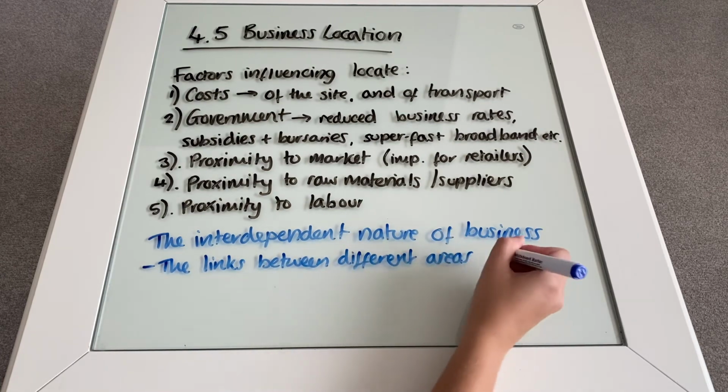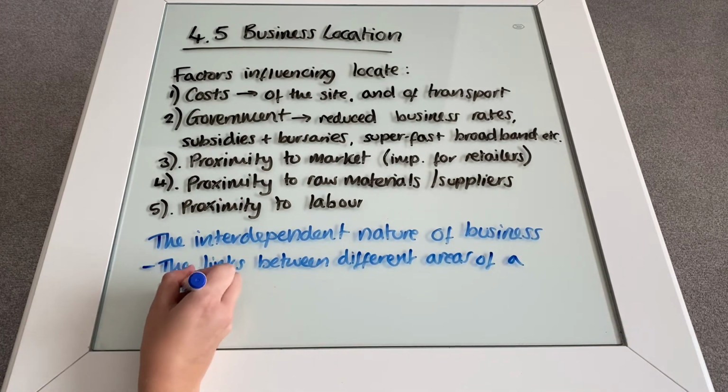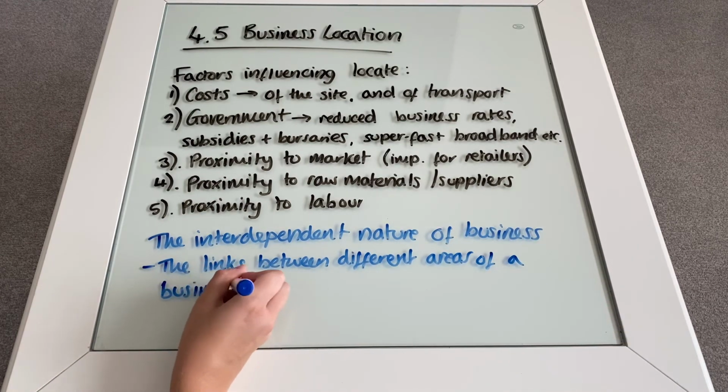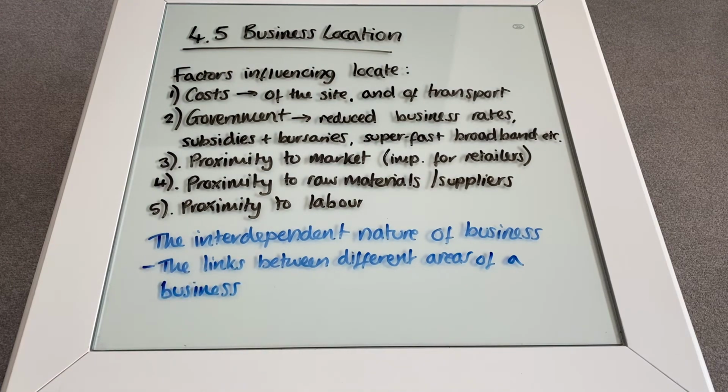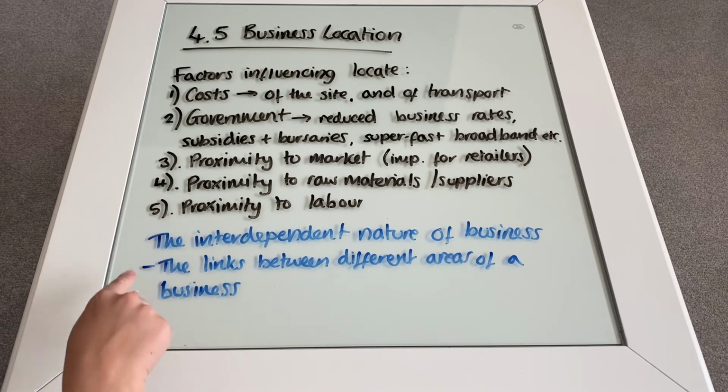So, like we've discussed before, it may not be that you locate your entire business in one site. It might be that you have a retail outlet on the high street, that you have a warehouse for storage out of town where it's cheaper. You might then have head office on a business park, that sort of thing. There are links between those different areas of the business though, and you need to think about these things when you're locating them as to how they link together.